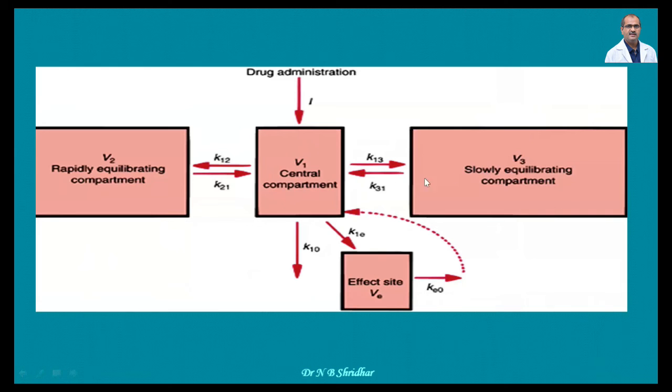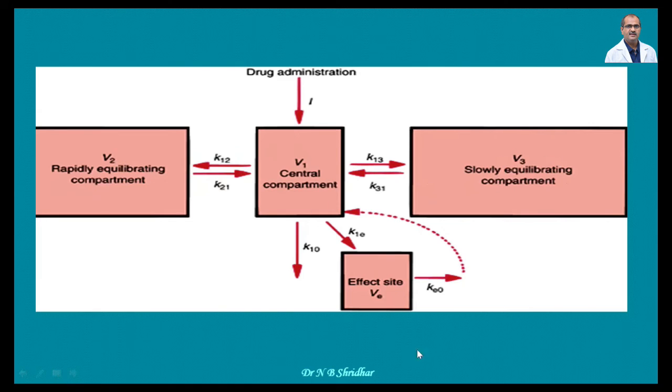Maybe it's a peripheral compartment 1 or it may be a compartment 2. So what happens whenever the drug is administered, equilibrium is established between the rapidly equilibrating component and the slowly equilibrating component. Or else we can call them the compartment 2 and compartment 3 with that of the central compartment.